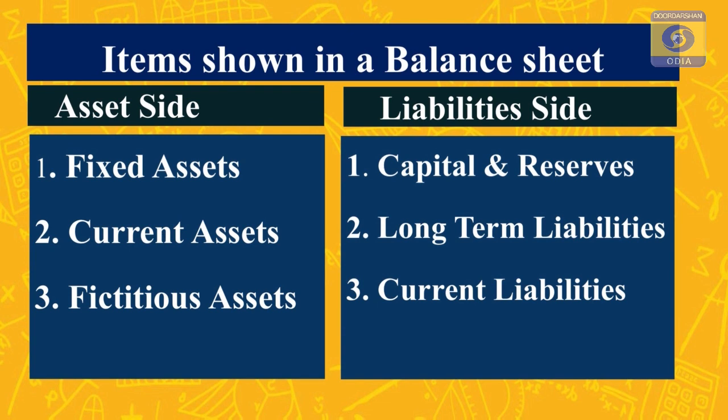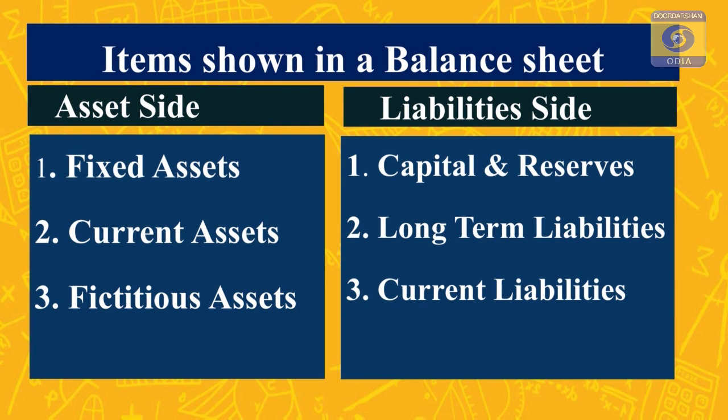So what is the meaning of this word fictitious? Fictitious means that which is not real. So what will fall under this category, fictitious assets? Now at times the business makes huge expenditure on certain heads like heavy advertisement expenditure. If the entire expenditure the business debits in 1 year in the profit and loss account, in that case the business will face a heavy loss.